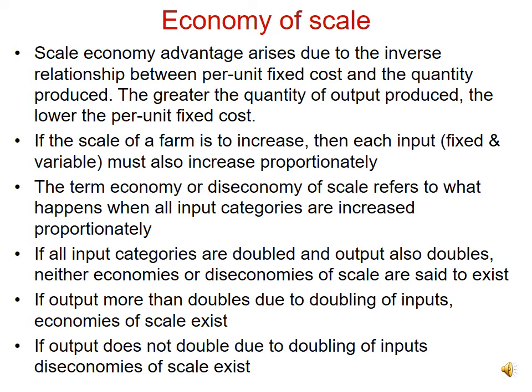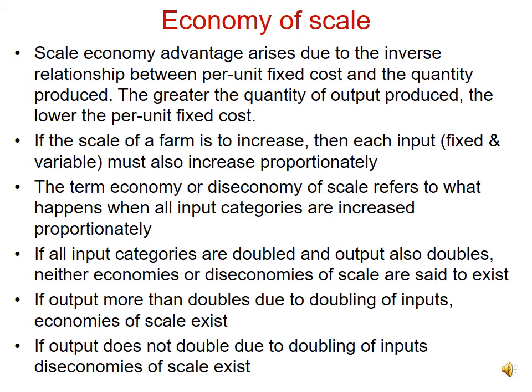So if the production of output changes, the fixed cost would remain the same, because only the variable inputs change with the change in the level of output, and fixed inputs remain the same with the change in the level of output.